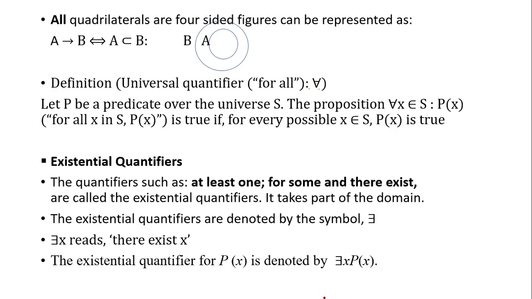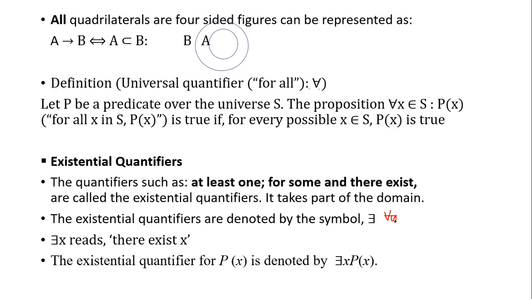Now existential quantifiers are denoted by this symbol. So whenever you see this symbol, maybe when you are reading a book, it means something. When you have for all x, or for all A, something like this, we are taking all the elements, that's it, or the domain. But this existential, we call it what?